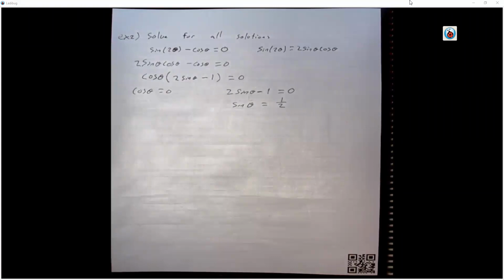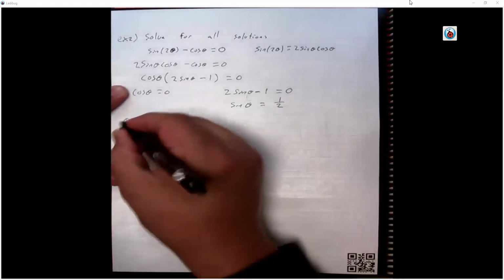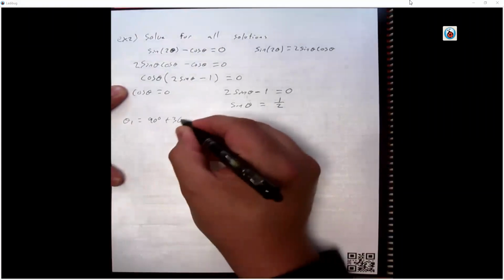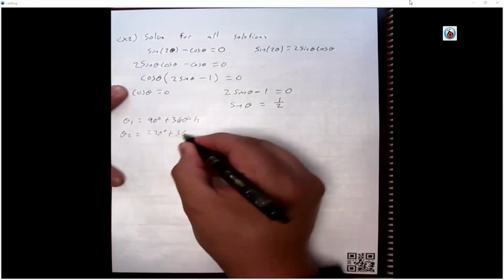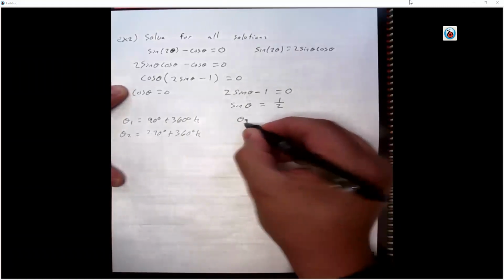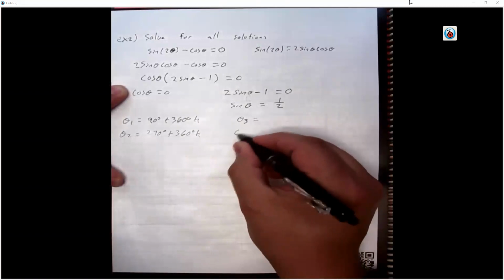So let's state the solutions for cosine. Yeah, same thing, right? It's not too bad, right? I hope. And then this we did already 3 or 4 times. What was that again?